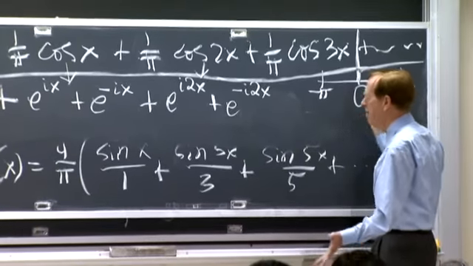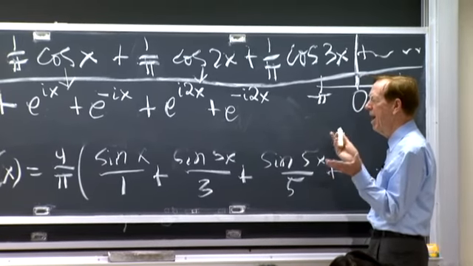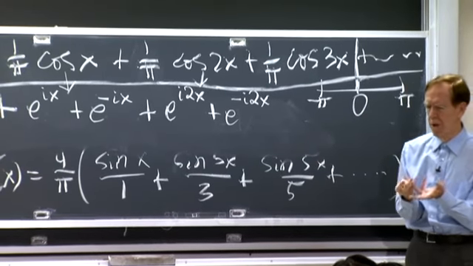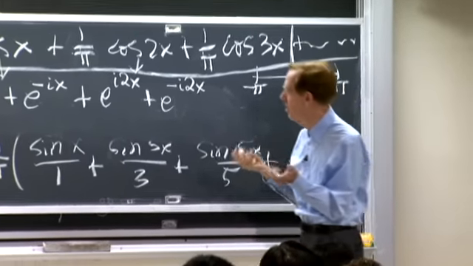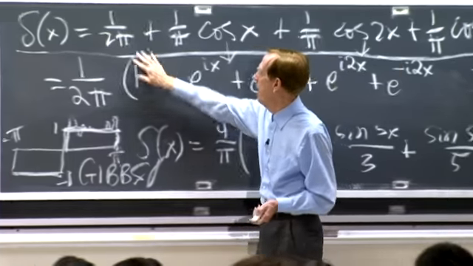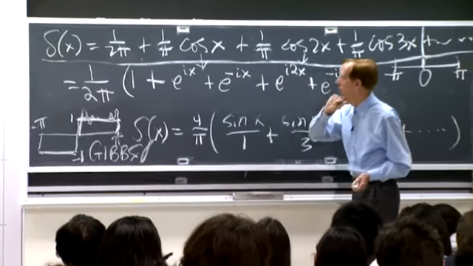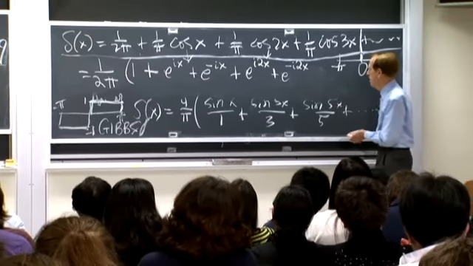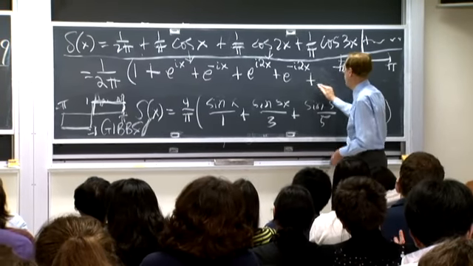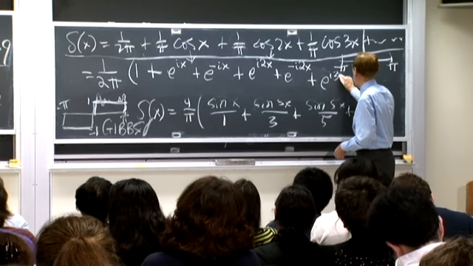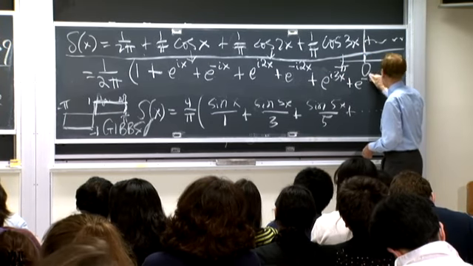Do you see what's happening? It's an example to show you why the complex case is so nice. Here we had to remember a different number for a naught. Here it's just, so the next one will be e to the i 3x and e to the minus i 3x.